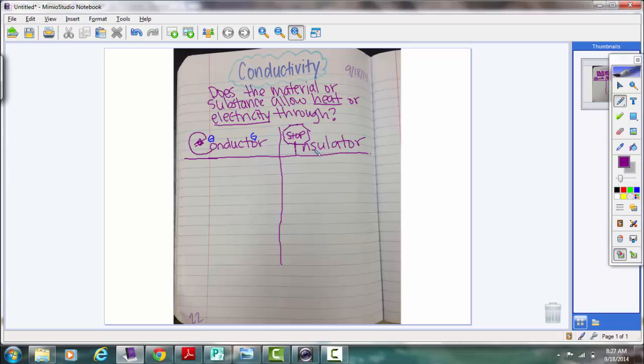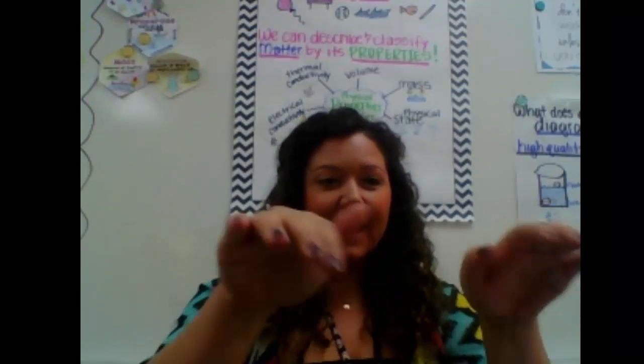And then we're going to write our S is going to be slow. Okay, so here we can remember that conductors let heat or electricity go through an object or substance, while insulators cause that heat or electricity to stop or slow down and not let it go through as easily as a conductor would. Okay?